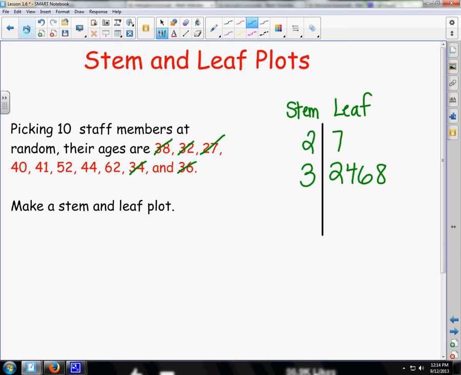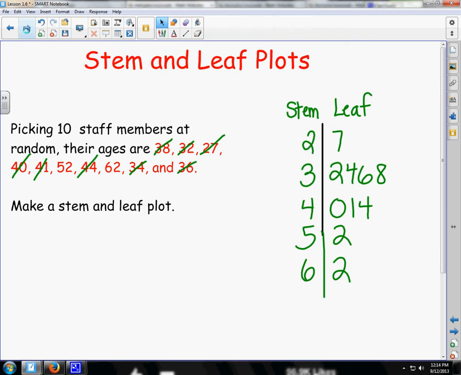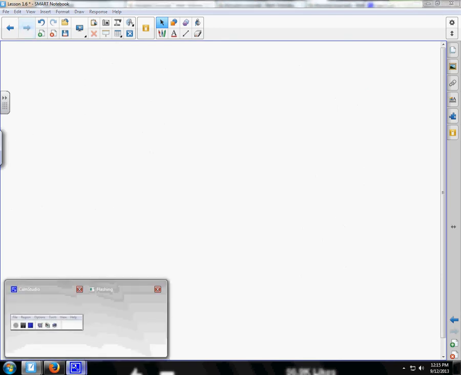And then my next stem is 40, and I'm going to put them in order. So I have a 40, that's my 0, a 41, and a 44. And then I have a 52 and a 62. So there is my stem and leaf plot. It's kind of just a little bit more organized than a bunch of random numbers. All right, that's it for your notes.